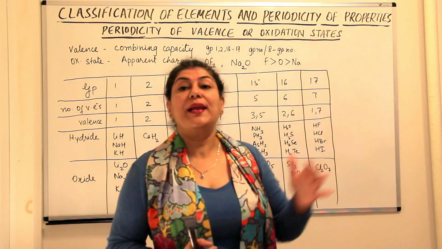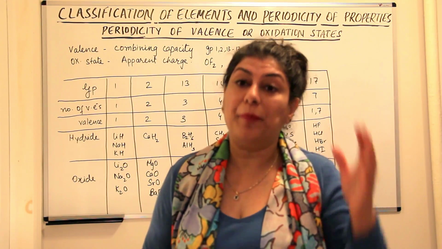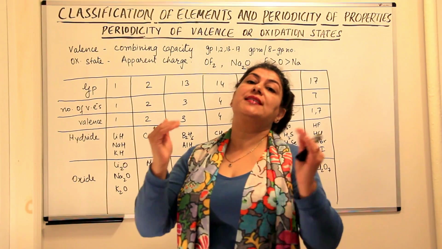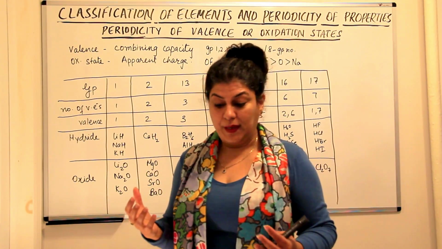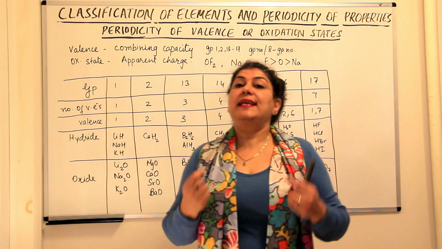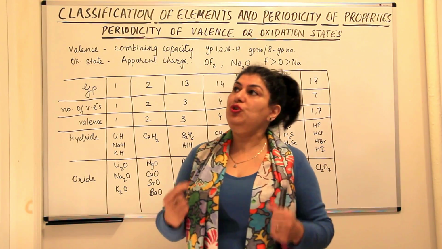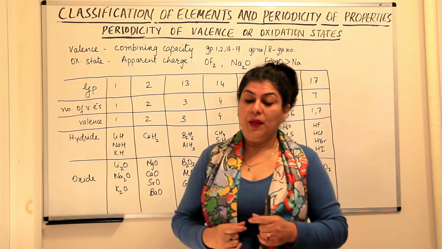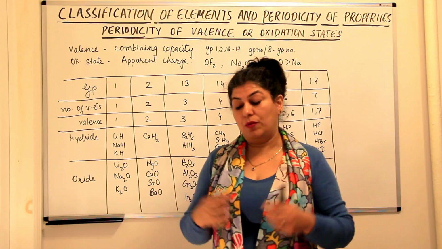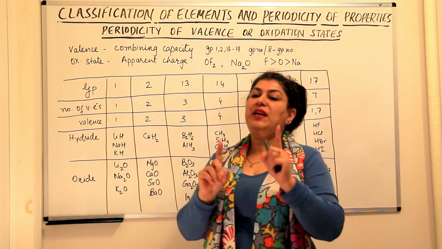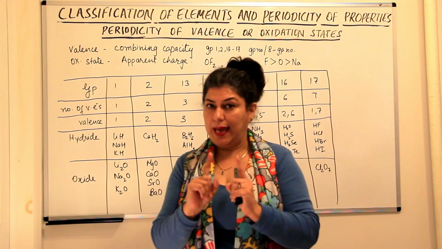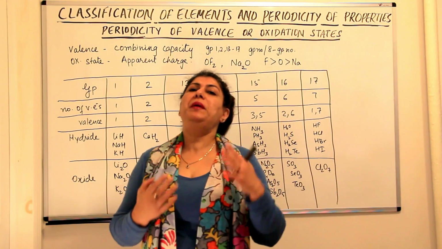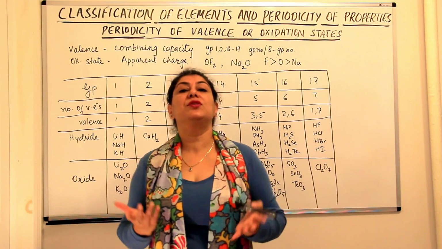So this was valency. Valency is the combining capacity of atoms. It is the number of electrons in the outermost shell, or it is 8 minus that number. Now these days, instead of valency, we prefer to use the term oxidation state or oxidation number. The reason for using this term is that whenever we have covalently bound atoms, one of the atoms, if there are 2 elements, would be more electronegative in comparison to the other.